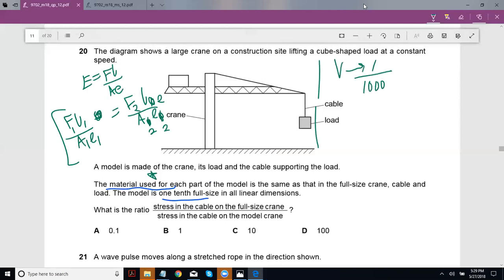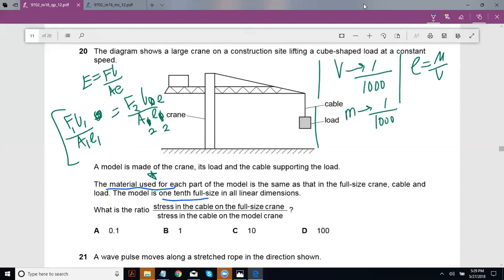Which means the mass of the load will also become 1/1000, to keep the density the same. Because the material is the same, the density should be the same. So mass upon volume: if volume is decreasing by 1/1000, then mass should also be multiplied by 1/1000.